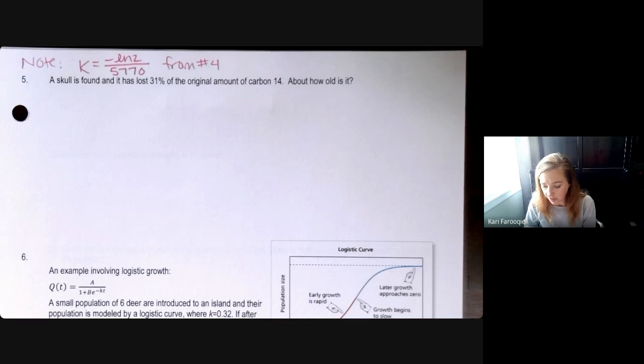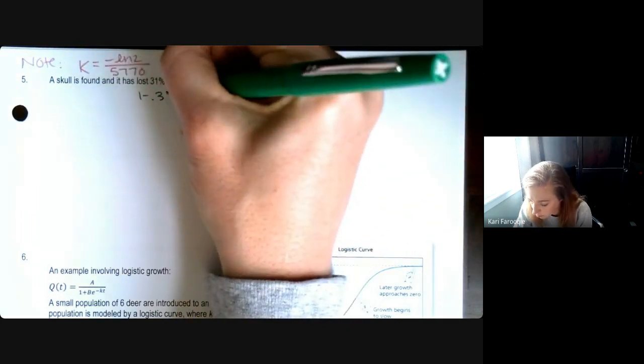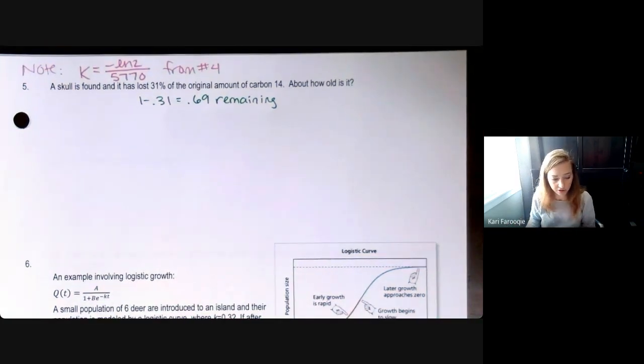So we can set up a similar type of function to what we did when finding half-life, but instead of thinking in terms of half, we can think about the 69% that we have left. So let's formalize this into a function. If we think of 31% as a decimal, 1 minus 0.31 equals 0.69 remaining. Okay, so it lost the 31%, so it still has the 69% left from the original.